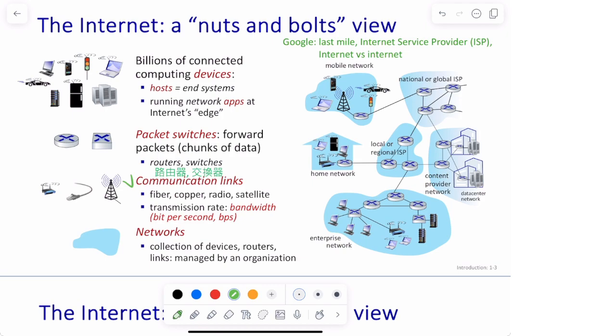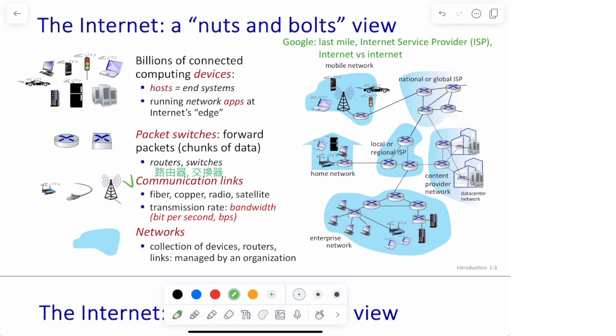One of the most important things about a communication link is its transmission rate, or we say bandwidth. The unit is bits per second, bps. That means how fast you can push a bit from one device to another device via such a communication link.